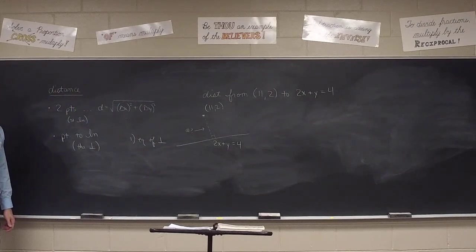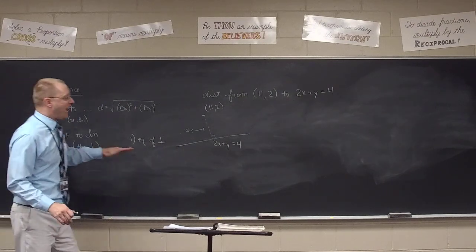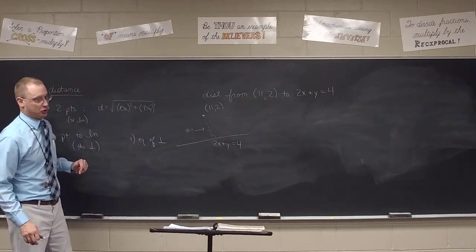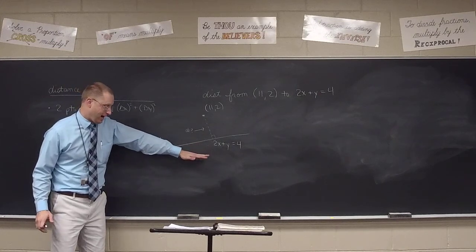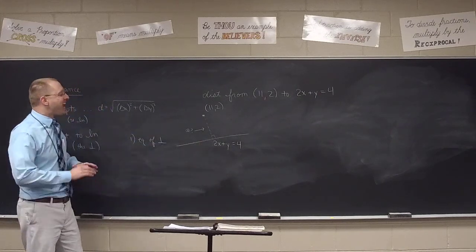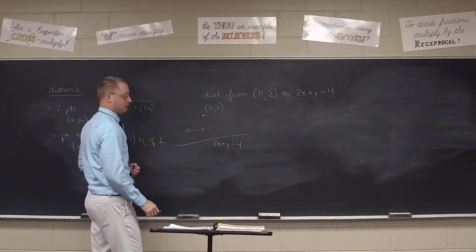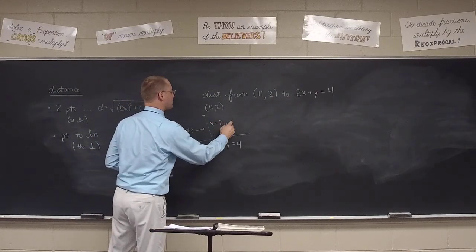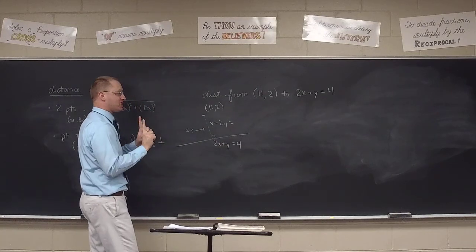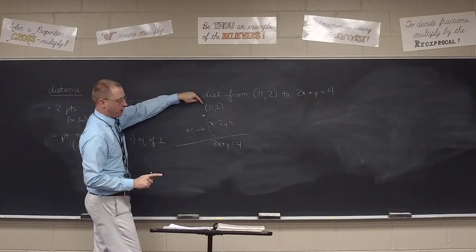And this is pretty straightforward because we've done this a lot the last couple of lessons. If the line to which the perpendicular is drawn is 2x plus y equals 4, then any perpendicular has to start how, class? X minus 2y equals something. This particular perpendicular comes from point 11, 2.